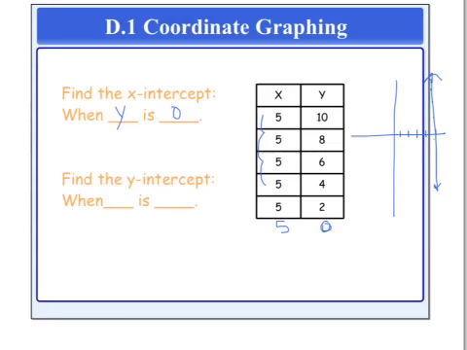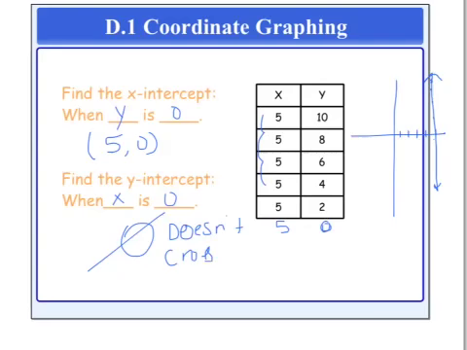So when the y is 0, it's going to be 5, 0. But if you look at this, when we plot it, does it ever cross the y-axis? It's when x is 0. X is never going to be 0, so that's going to be no solution, or does not cross the y-axis.